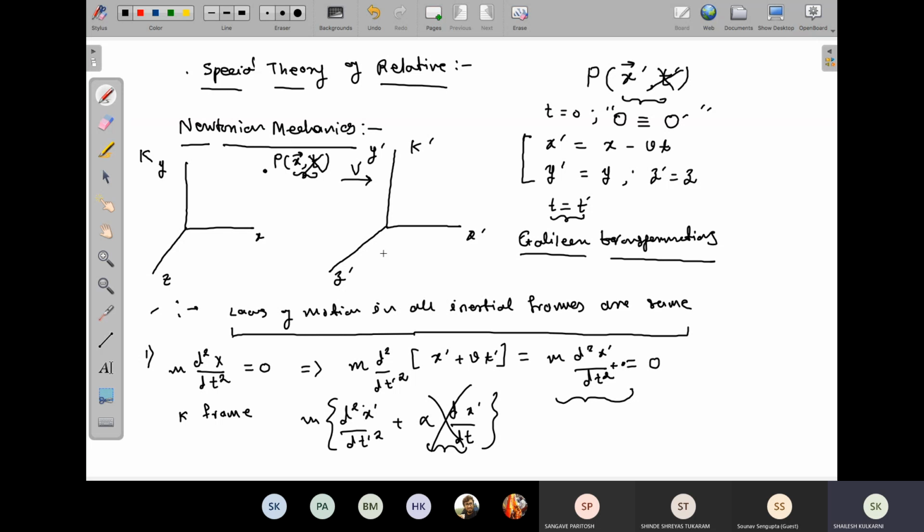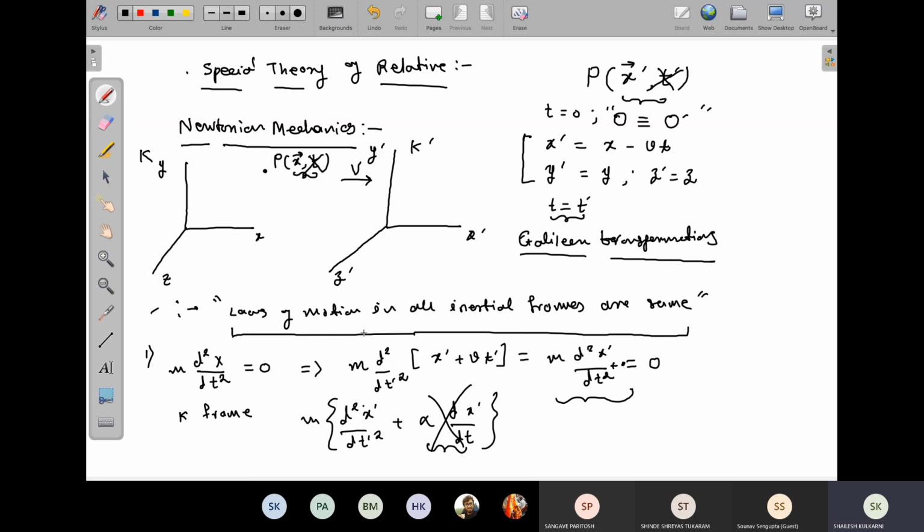So there would be a way to give preference among the frames, but that is not allowed. What this rule says is that, as far as they are inertial, all frames are essentially the same. This is the principle of Galilean relativity, and it will remain the same in special relativity also.